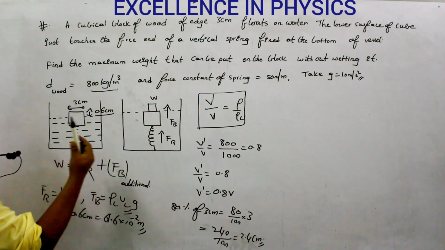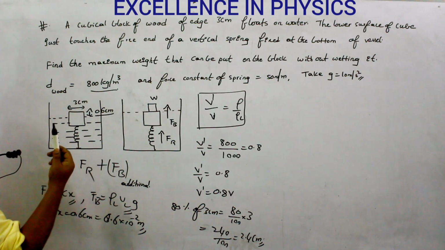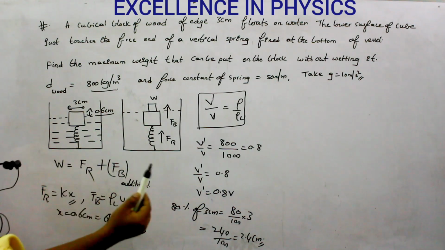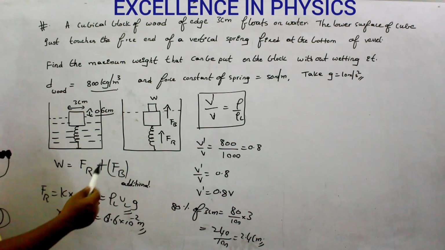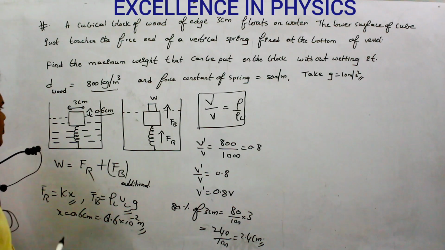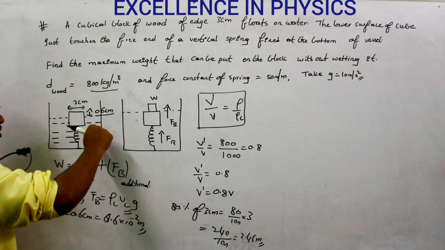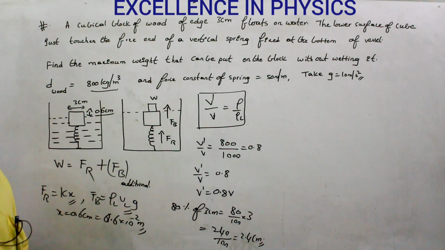What is the area of the base of this cube? The area is 3 centimeter into 3 centimeter, length and breadth are 3 centimeter. So 3 3s are 9 centimeter square is the area of the base. And how much height is going inside water? 0.6 centimeter.